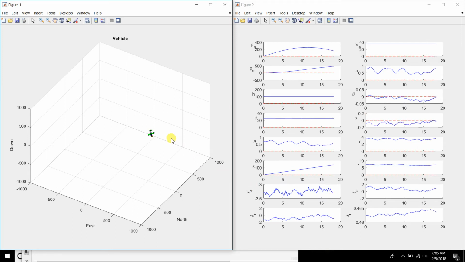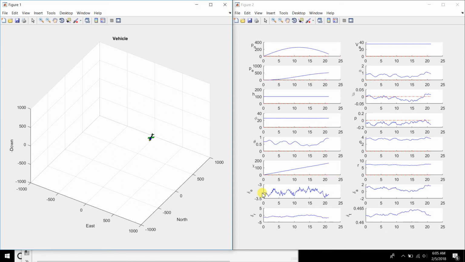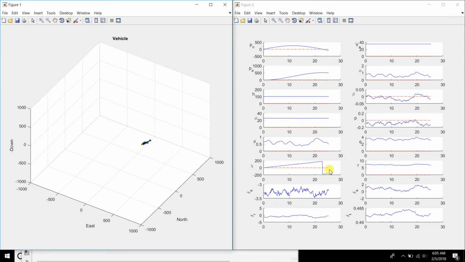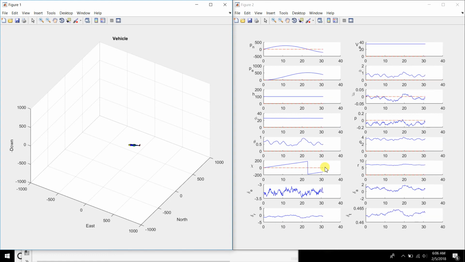We can see that even with winds and gust, the system is able to track all set points. The heading increases and then starts from 0 again up to 360 degrees. So that's about it.